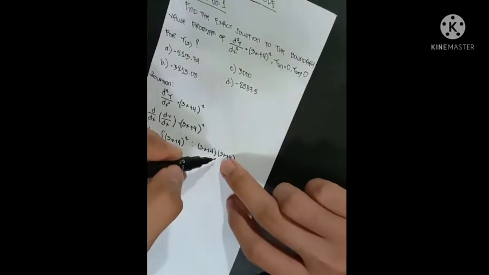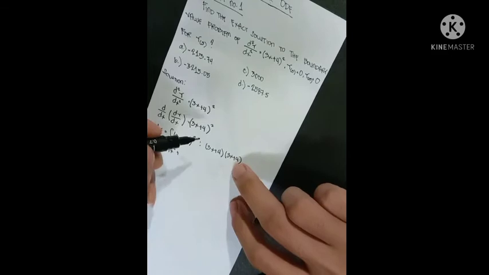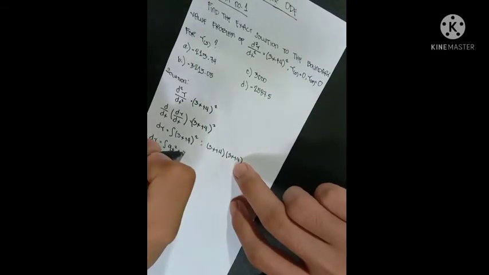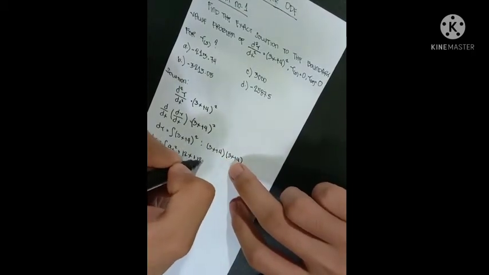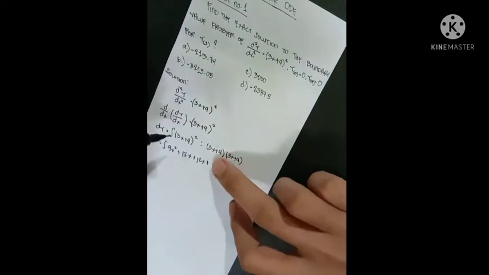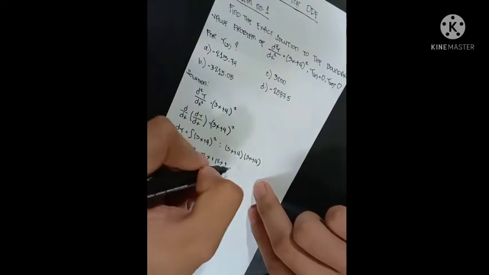So 3x times 3x, 9x squared, plus 3x times 4, we have 12x, plus 4 times 3x, we have 12x, plus 4 times 4, we have 16.